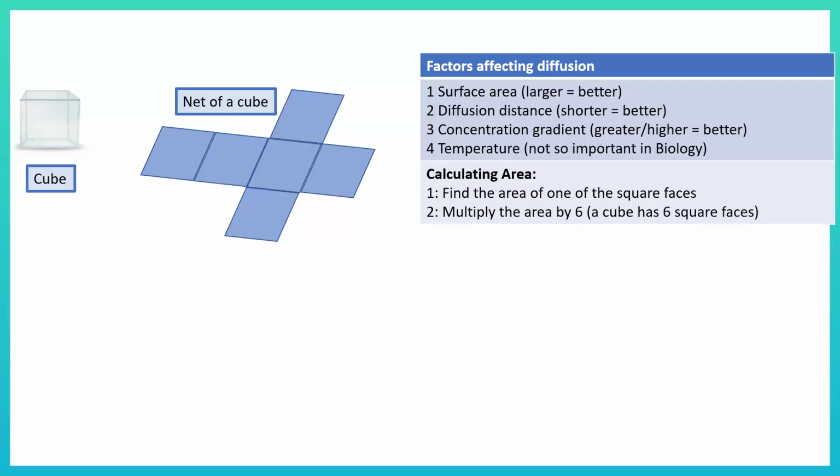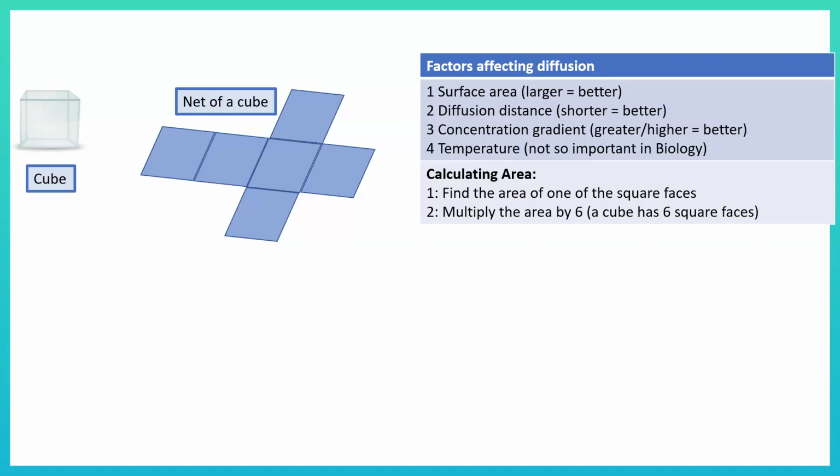But let's imagine if this square face of the cube had 2 centimeter length, so it'd be 2 centimeters times 2 centimeters would give you the area of 1 square, so that would be 4 centimeters squared. There's 6 of them making up the whole cube, so 6 times 4 is 24.